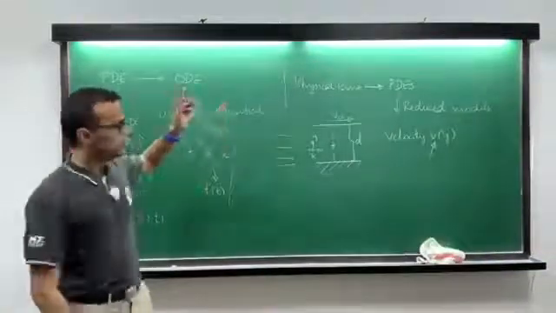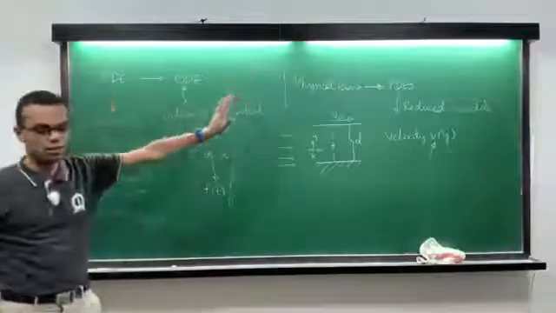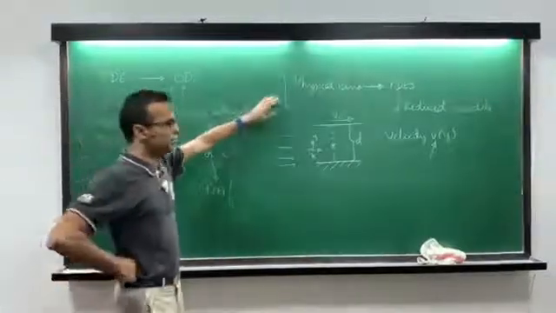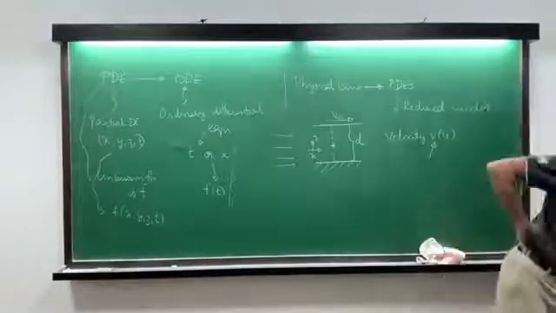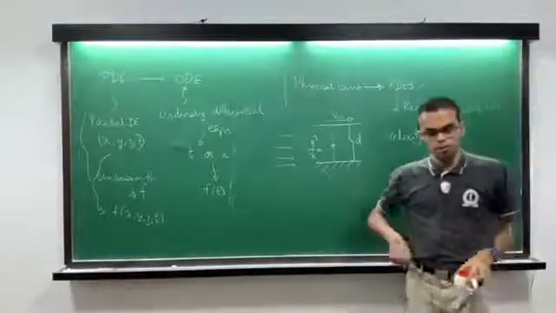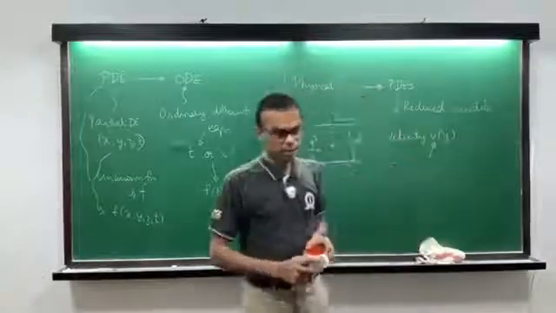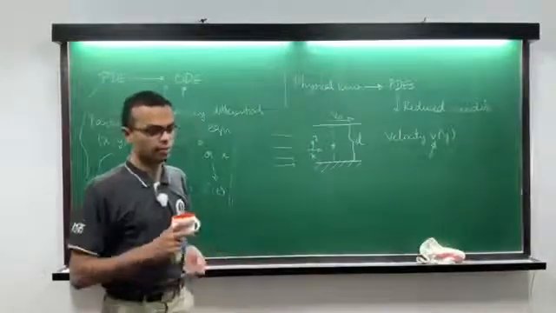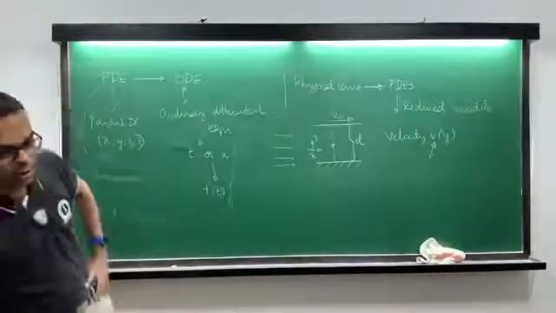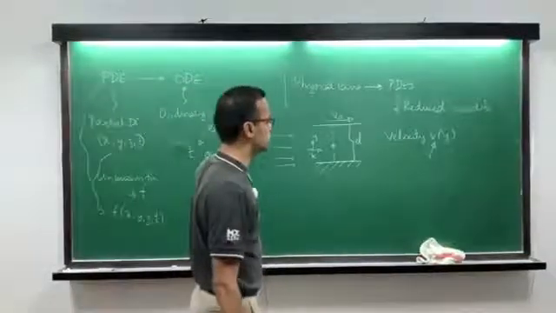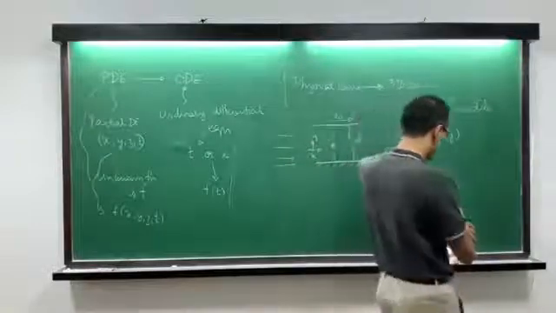For a very large number of physical situations, even though you start with a PDE, you finally end up with an ODE, and that makes it obvious why we should study ODEs, the methods of solution, and how we can get information from them. So that's another motivation for studying ODEs in particular.